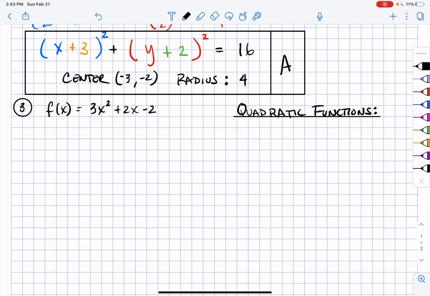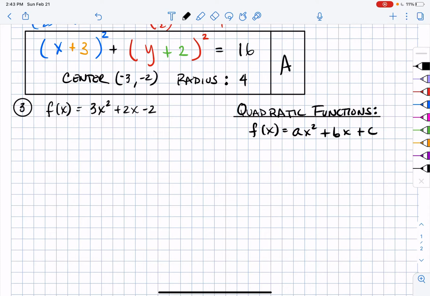Okay, but this is in the form of f of x is equal to ax squared plus bx plus c. Is it different from what you had last week, where there was an h and a k?